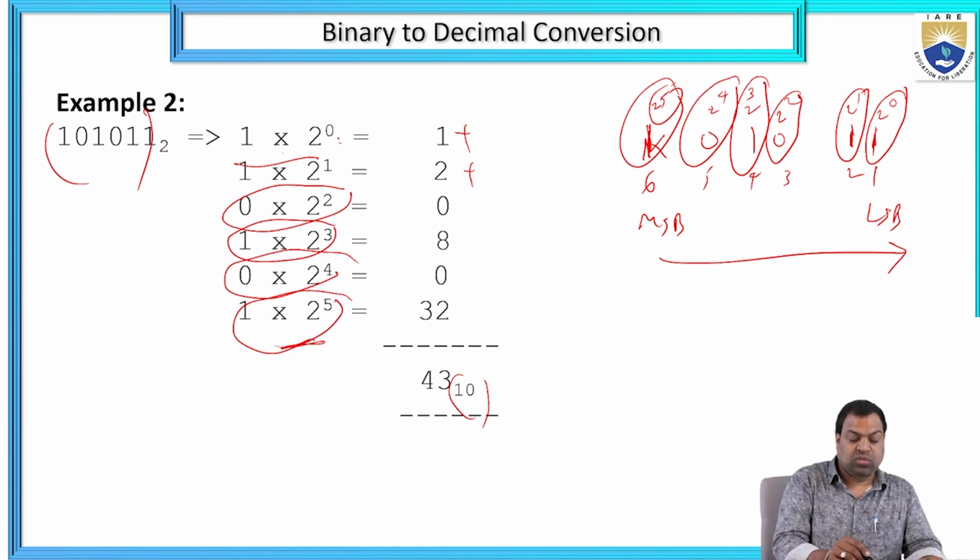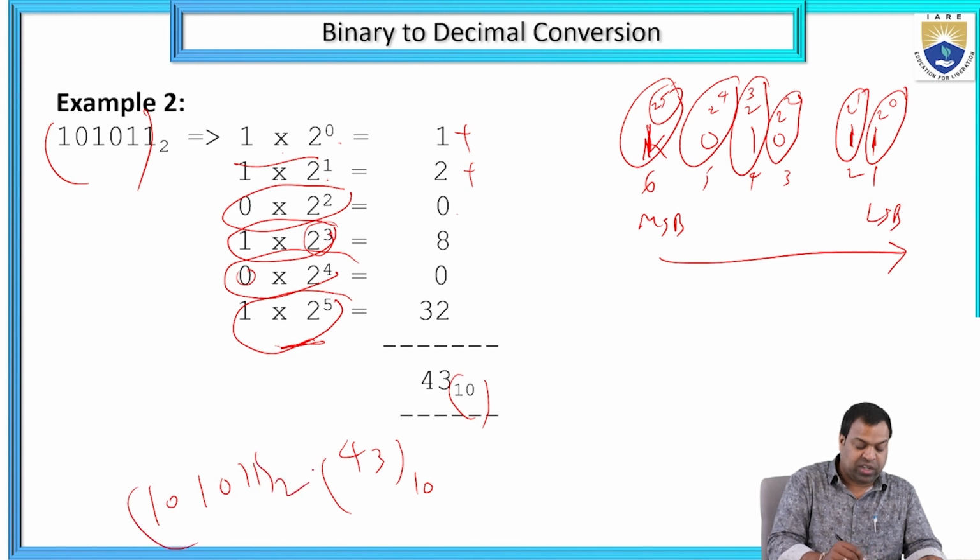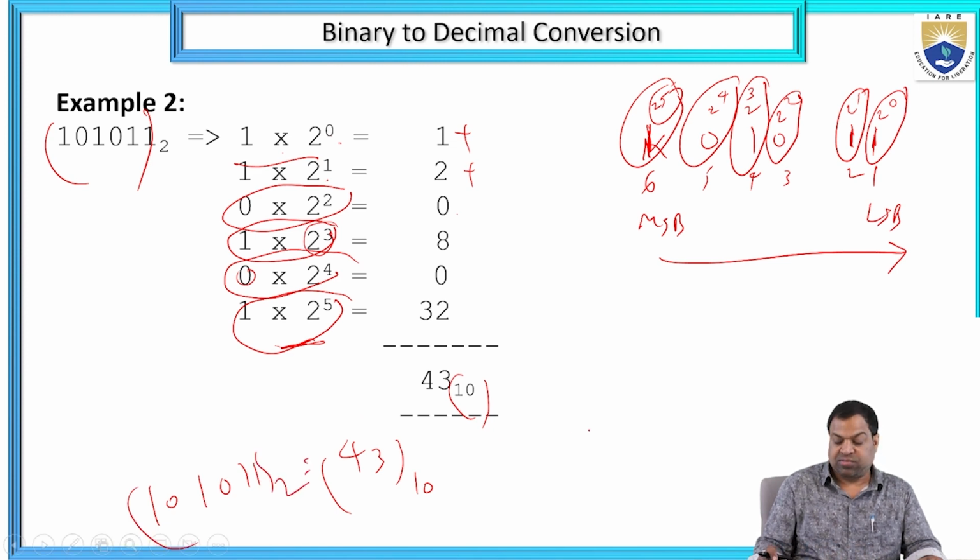So 2 power 0, 1 into 1. 2 power 1 means 2 into 1, 2. Here 0. 2 cube means 8 into 1, 8. 0 multiplied with anything is 0. 2 power 5 is 32. 32 plus 8 plus 2 plus 1 is 43 base 10. So finally we got 43 base 10. The input value 101011 binary is converted to decimal.